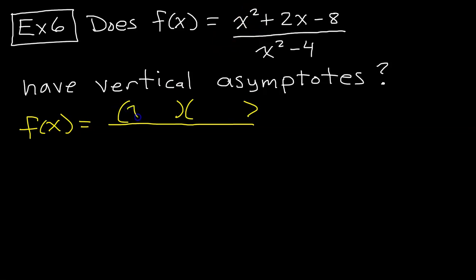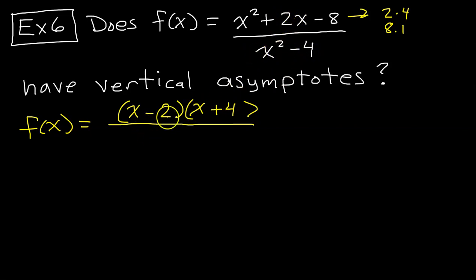I see x squared, so that's going to be x times x. I'm looking at 8, and I'm thinking that's either going to be 2 times 4 or 8 times 1. Let's go with 2 times 4. And the middle term is 2. So let's see, if I have a -2 and a +4, that's going to turn out to be a +2.